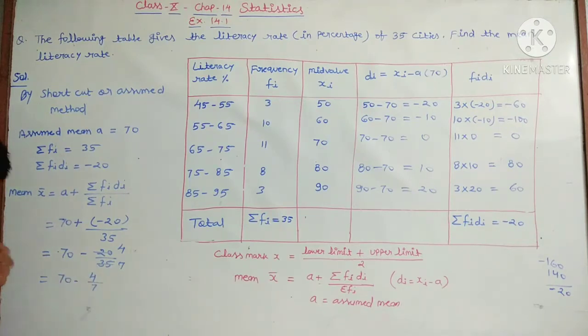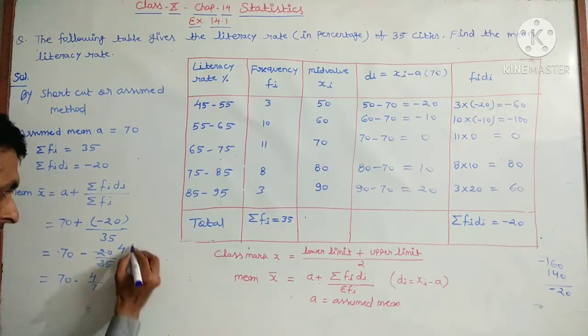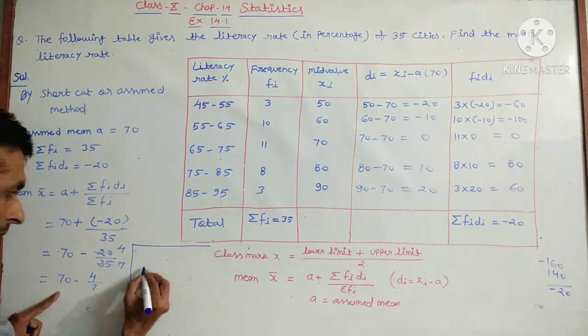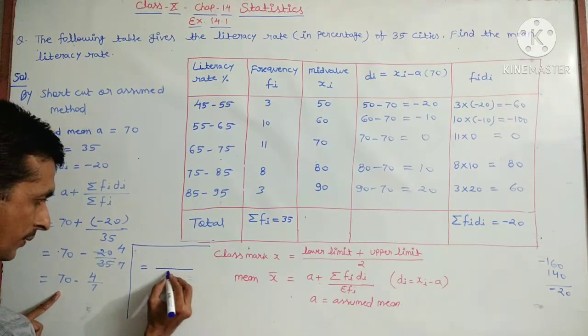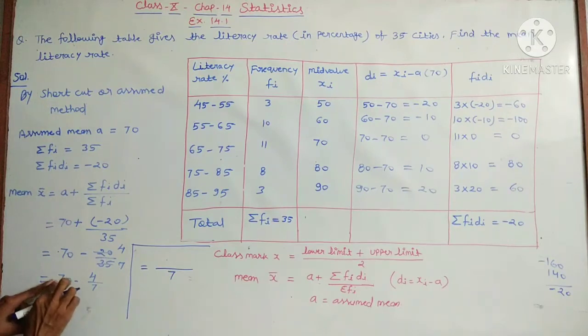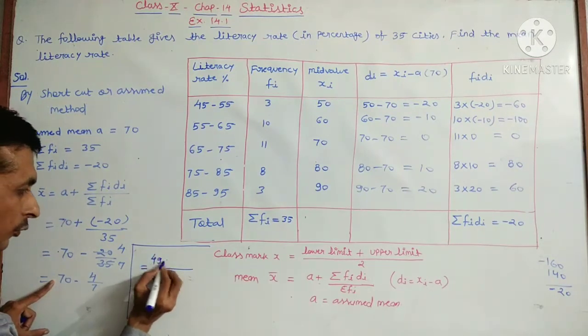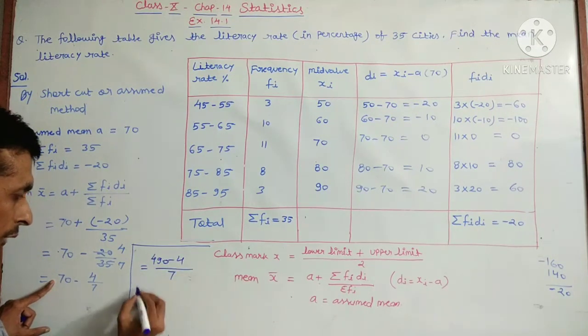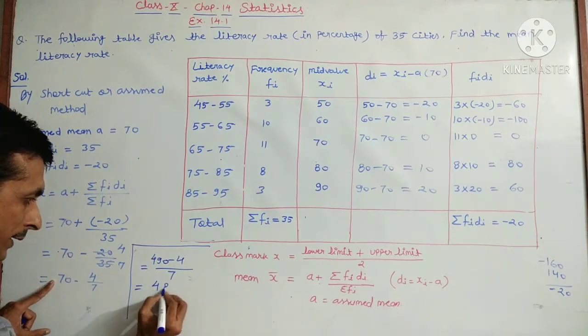After taking the LCM, how much is the LCM? It is 7. Okay friends, 7 multiplied by 70 is 490, minus 4. After subtracting, 486 upon 7, divide by 7.